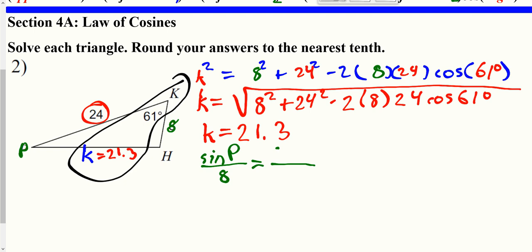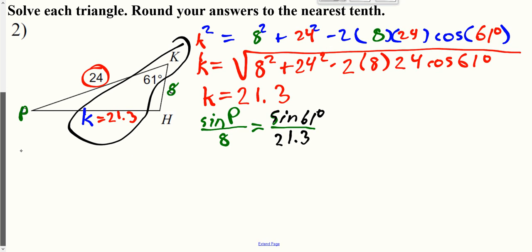The sine of the angle I know over the side that we just figured out. And now to get P by itself, I've got to undo dividing by 8, so I'm going to multiply both sides by 8.